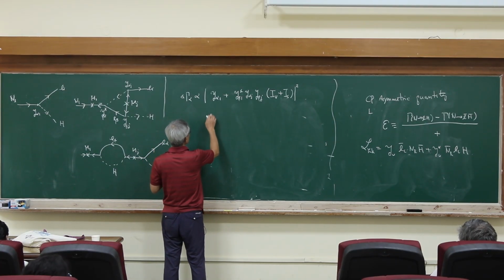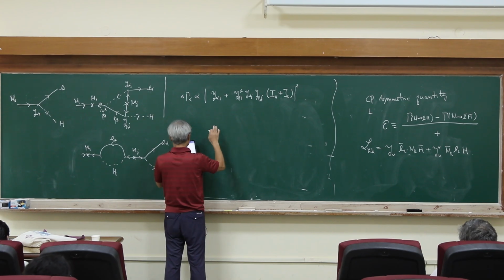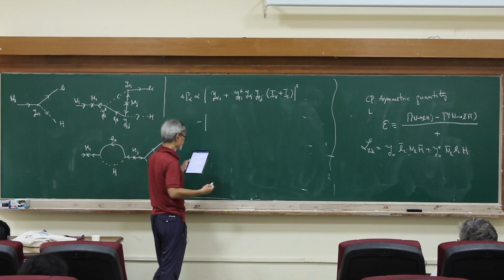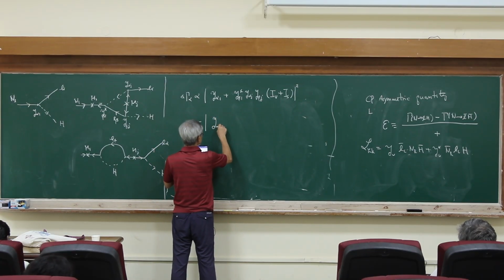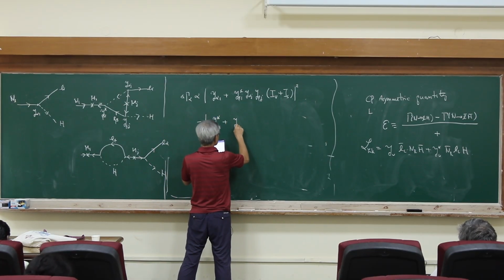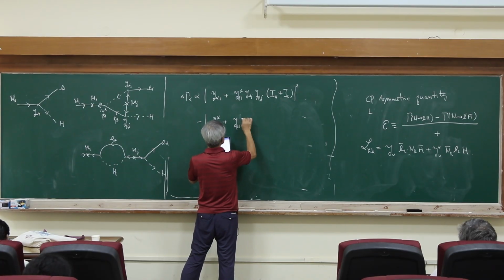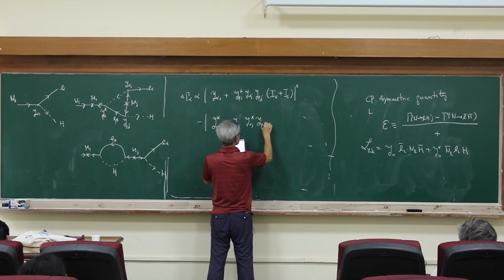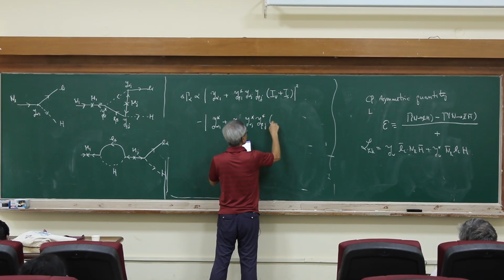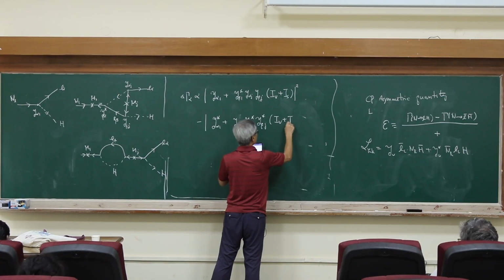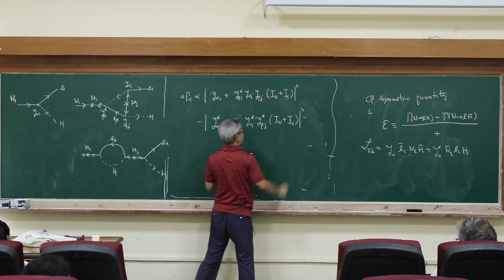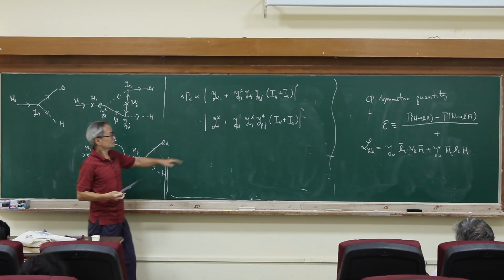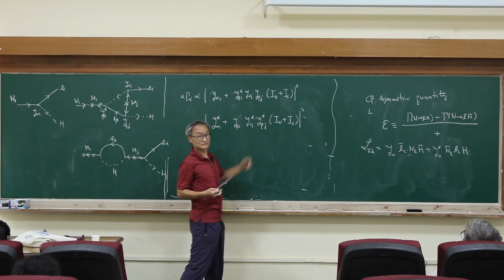And then for N going to L bar, H bar, we should have the complex conjugation of this, right? But this one-loop integration must be the same as before, right?